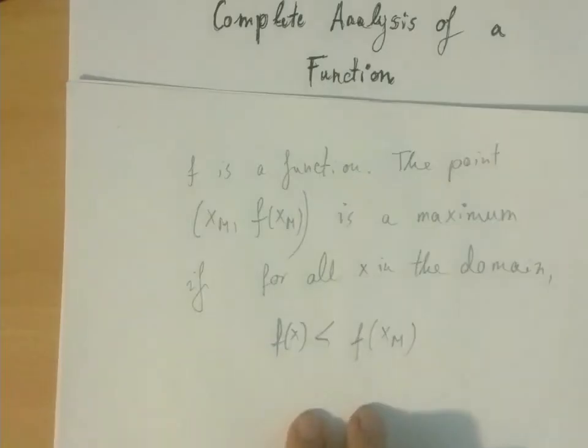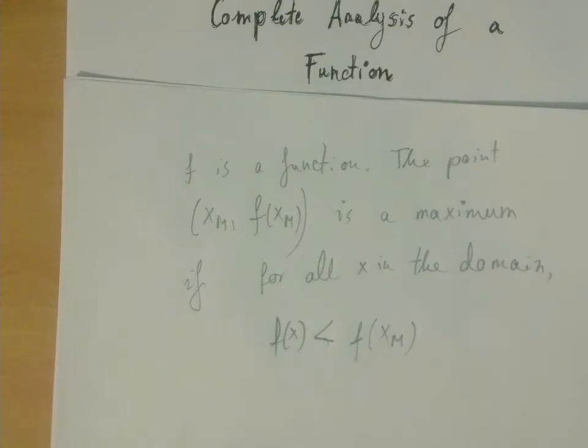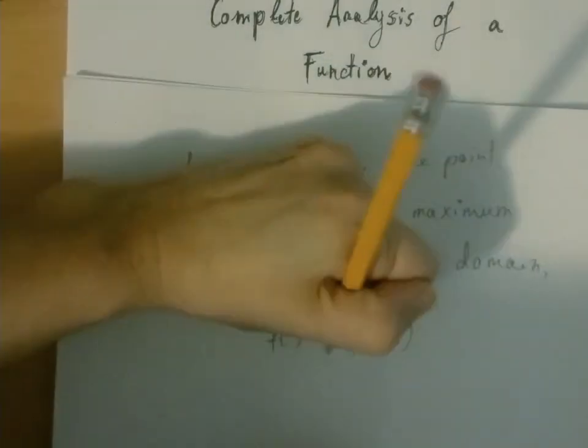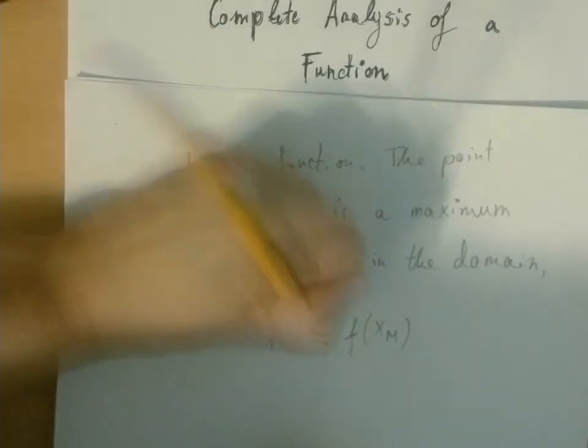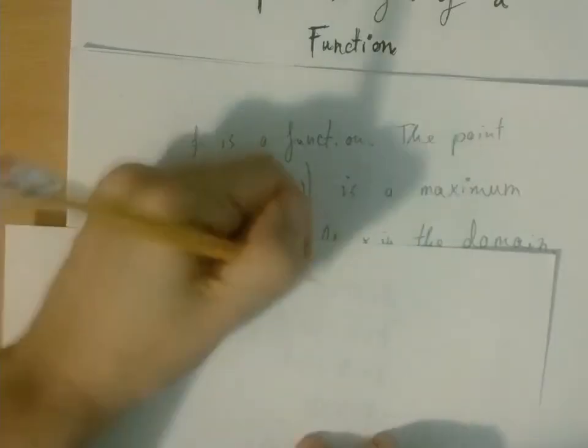Except for one thing, that it doesn't have to be the single highest point on the graph, just as long as no one is above it. In other words, you can have more than one maximum point. Just think about, for example, the sine function, y equals sine of x.